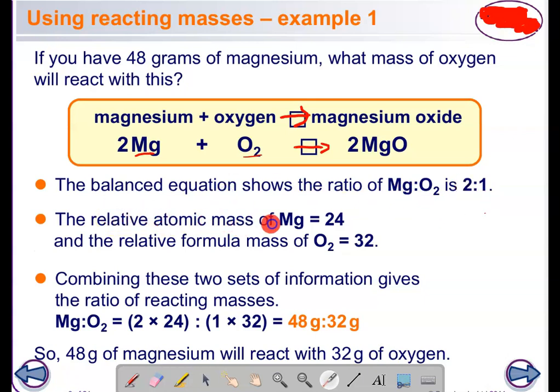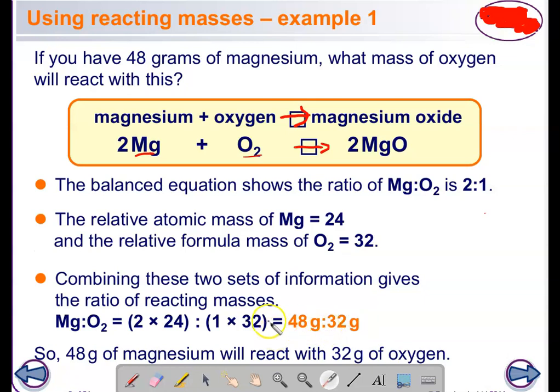The relative atomic mass of magnesium is 24, and that of oxygen is 32. Now, if you combine these two pieces of information of the reactant masses, we're going to have magnesium is to oxygen will be 2 lots of the magnesium times the 24 is to 1 lot of oxygen times the 32, which is the relative formula mass of the oxygen molecule, and that should give you 48 grams is to 32 grams.